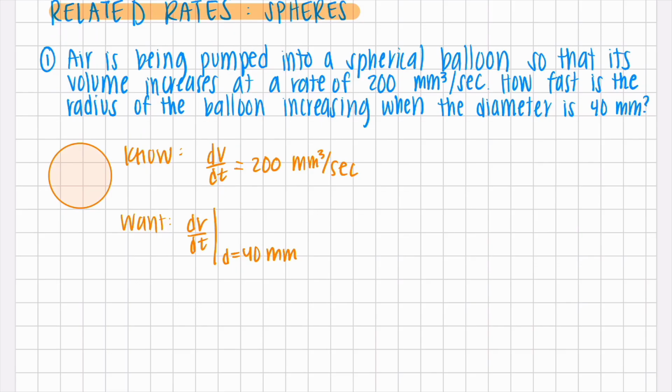We would use our volume formula for a sphere, which is 4/3 pi r cubed. Once we have our equation, we are going to take the derivative of both sides with respect to time. This is going to involve implicit differentiation. I will link that video below as well.